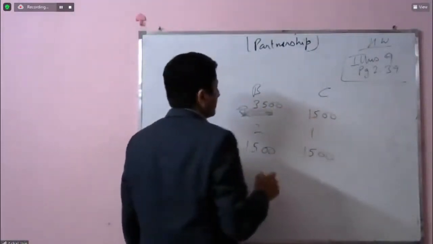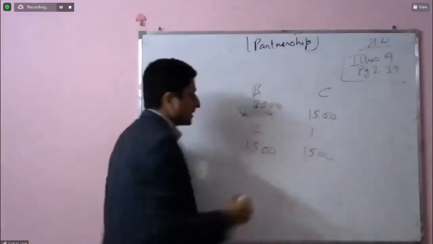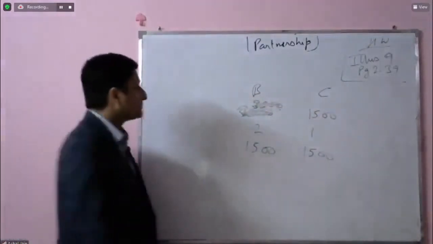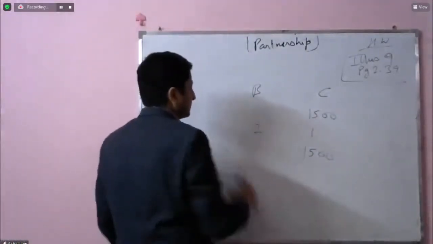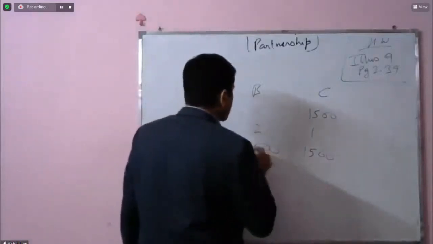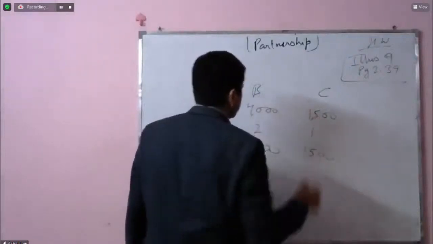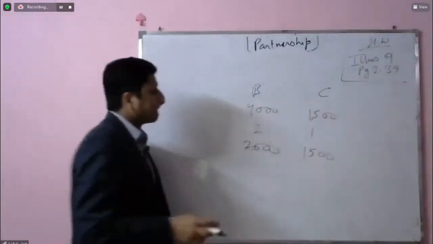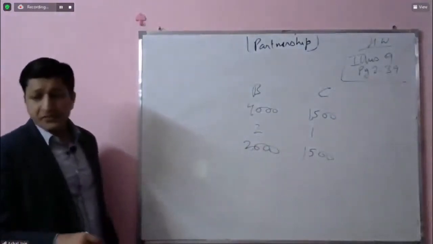And this was 1500. Or let me just say this was, let's suppose, 2000. This, let's suppose, is 2000 and this is 4000. Now, in this case, can we say it's in their profit sharing ratio?